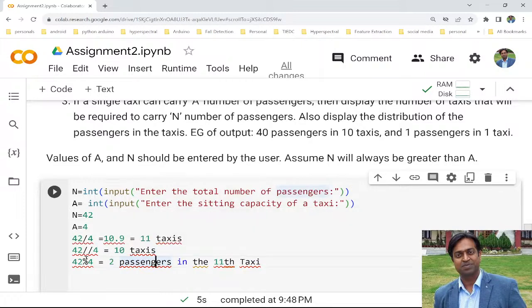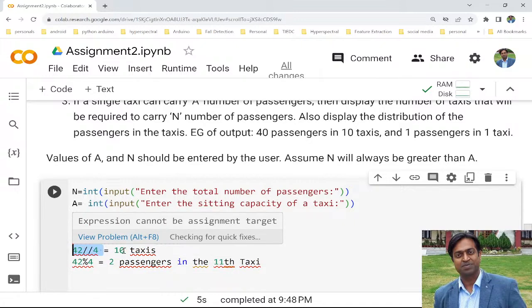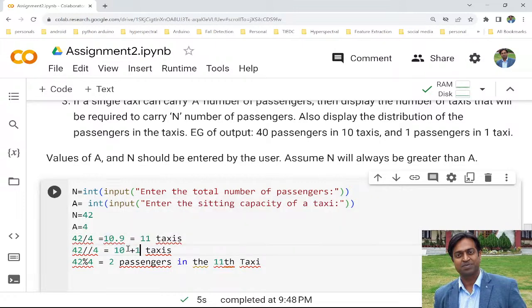go, right? So with the help of this modulus, with the help of this truncating division, we can get the distribution, right? And to get this 11, simply what can we do? Whatever number we get over here, we add +1, because whatever passengers are left will be in the 11th taxi.